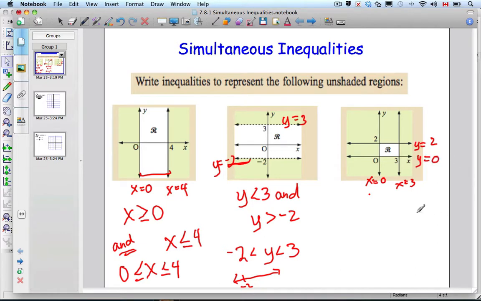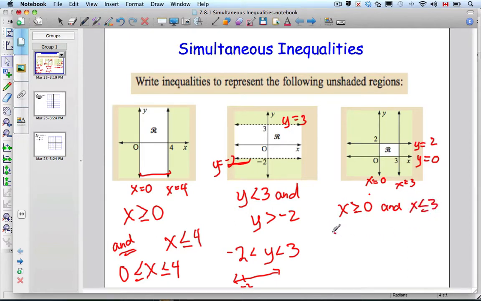All right, so we want to throw everything away. If we're looking at the line x equals 0, we want everything thrown away to the left of it, so we want x greater than or equal to 0, because it has a solid line, and everything to the right of 3, so x is less than or equal to 3.